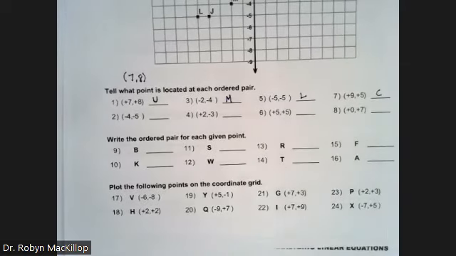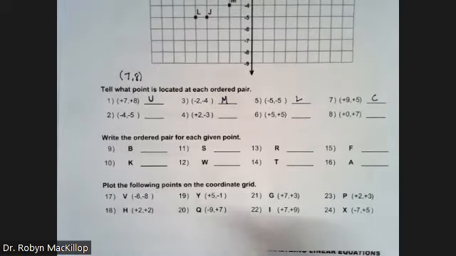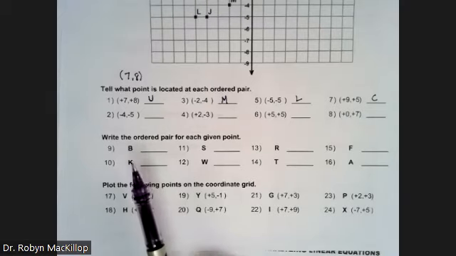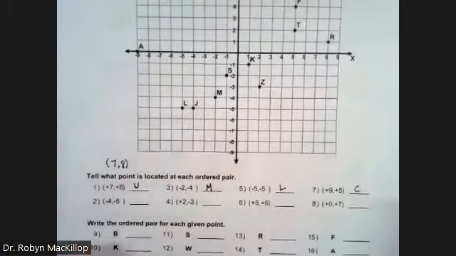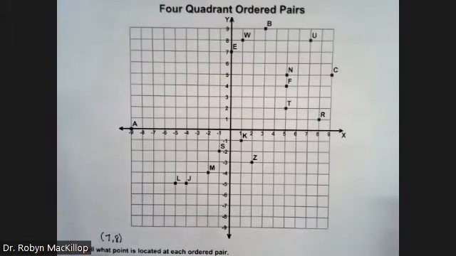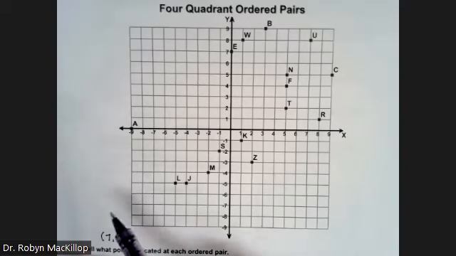So this time on the second section, they want us to write the ordered pair. So we'll find B. And B is way up top. So what they want us to find this for each letter.